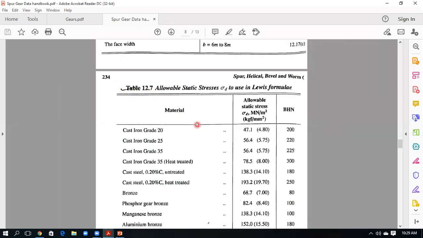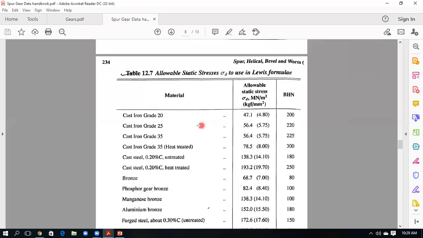That's why in each step I will be writing, if I am referring to any table, I will be writing the table number as well as the page number, so that you will get it easily. In this case you need to check which material the pinion is made of.